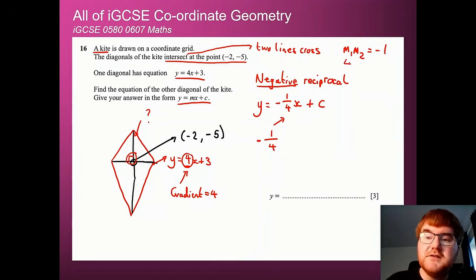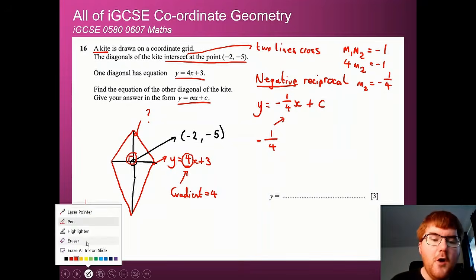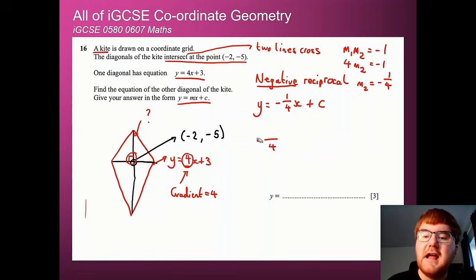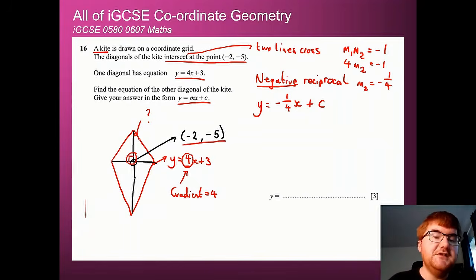Again, that also works as well, because if we substitute the first gradient for 4, notice we'll get m2 is equal to -1/4 if we solve that very small equation. So we've worked out the first part of this, which is the gradient of this particular line. And now all we need to do is work out this c, which represents the y-intercept, where it crosses the y-axis. Now the way that we do that is use the shared point from the two lines.